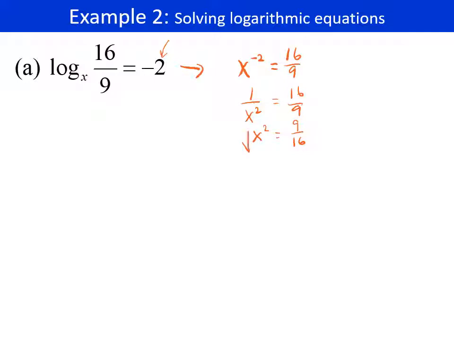To get the x by itself, we do the square root of both sides with plus and minus. So x is plus or minus square root of 9/16, which is 3/4. However, in logarithms, the base cannot be negative, so the only answer that would be viable is the positive 3/4.